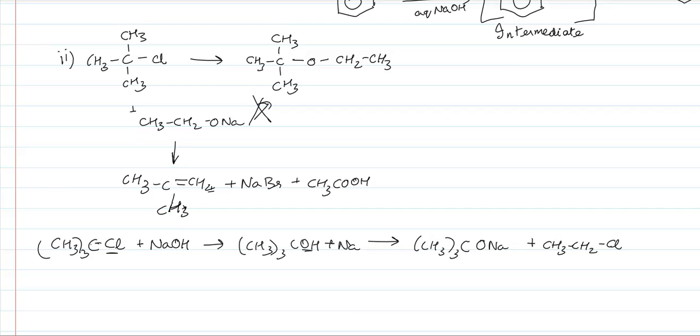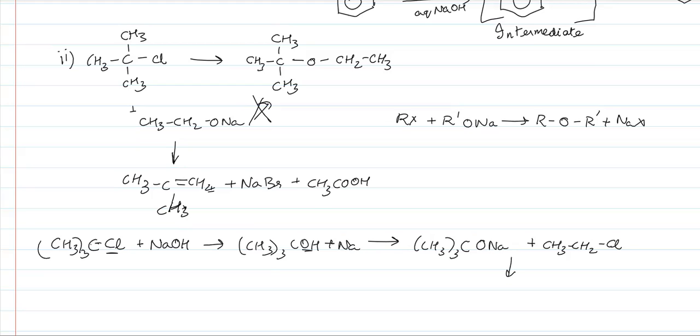So Williamson ether synthesis is basically going to be RX plus R dash ONa gives rise to R O R dash plus NaX. But because if we have a tertiary alkyl halide, it will not undergo this particular reaction properly, we had to replace the Cl in the tertiary alkyl halide with the ONa group instead.